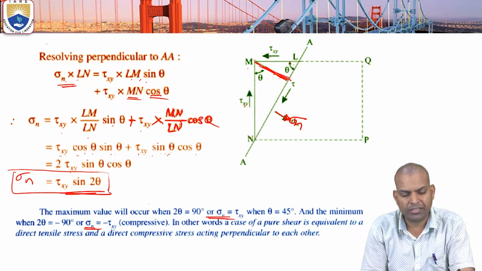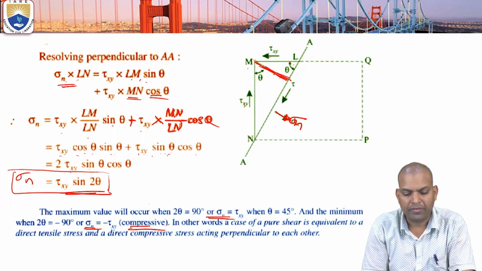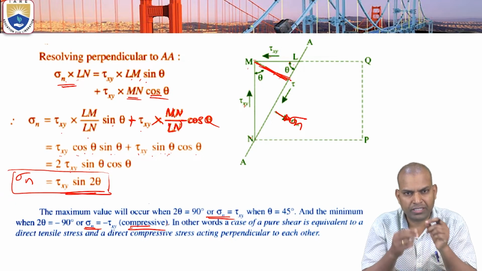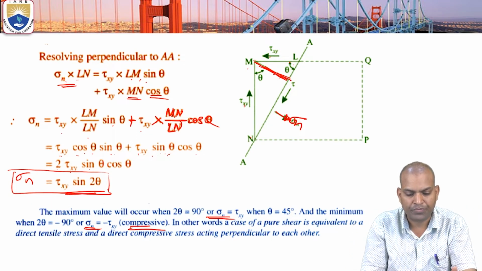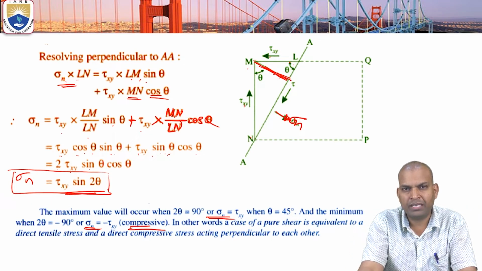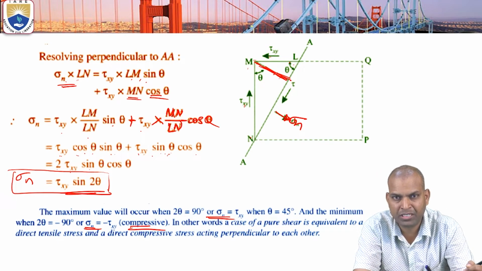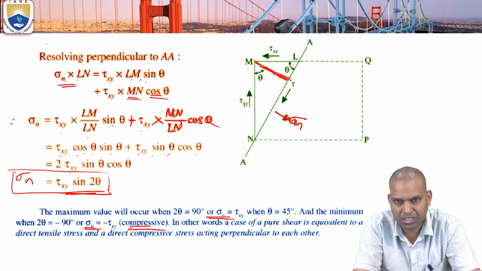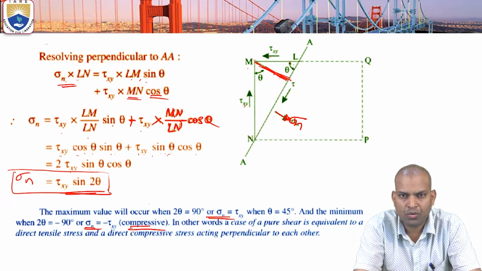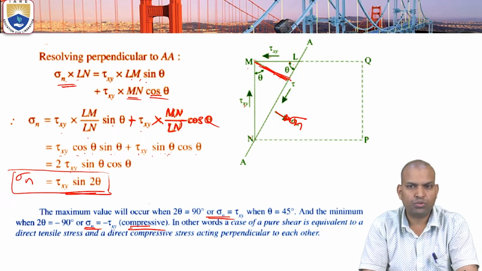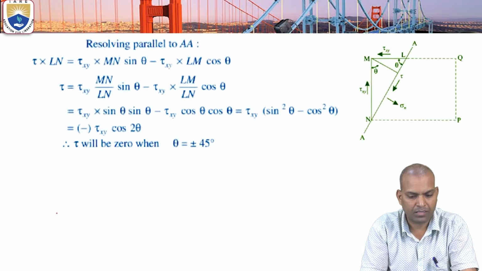Negative indicates compressive, whereas a positive sigma n value gives a tensile value. So this is the meaning of the equation. What is the meaning of the equation? The normal stress equals tau xy times sin 2 theta.